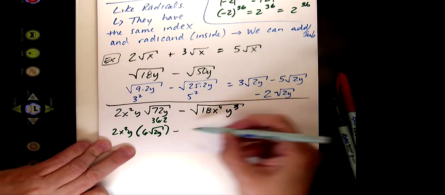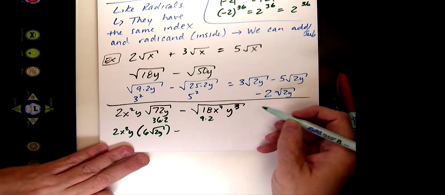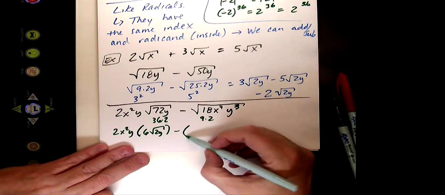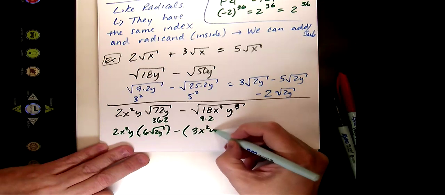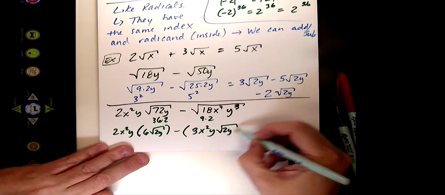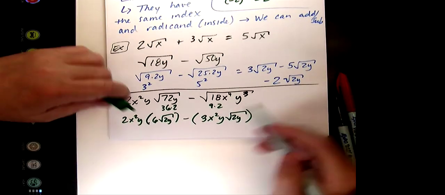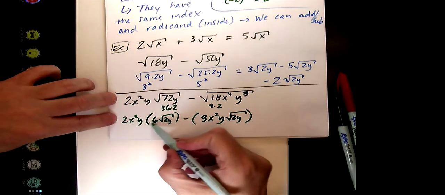And this part here, that's 9 times 2, so this should simplify to 3x squared y times the square root of 2y. So we're going to take that 2 and multiply it with 6.